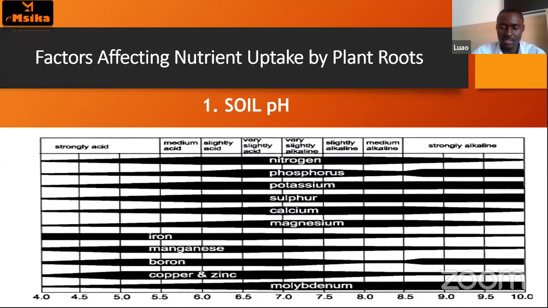And this scale is balanced into two. There is one on the left, this side, the acidic side. It starts from very slight acidic, medium acidic, to strong acid. The other side is slight alkaline up to very strong alkaline.